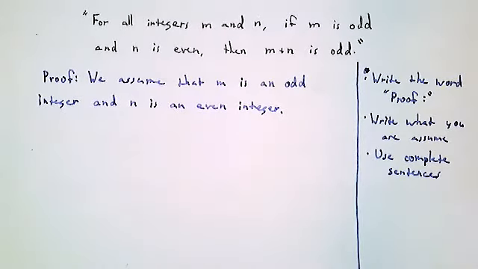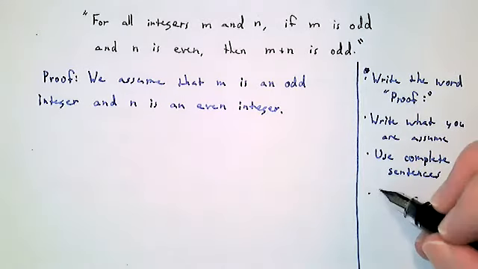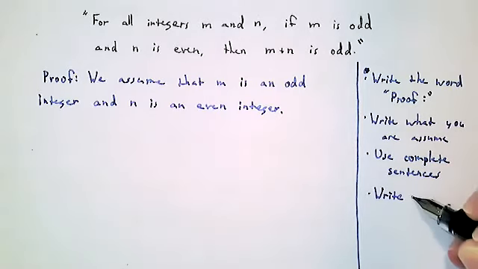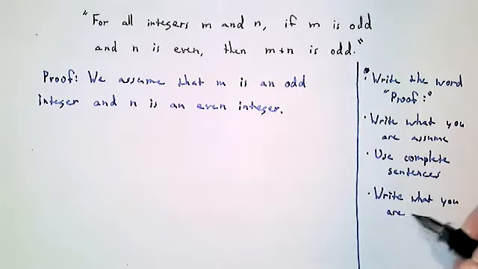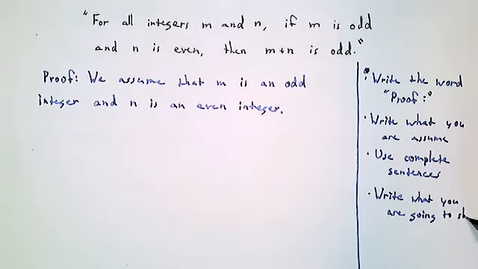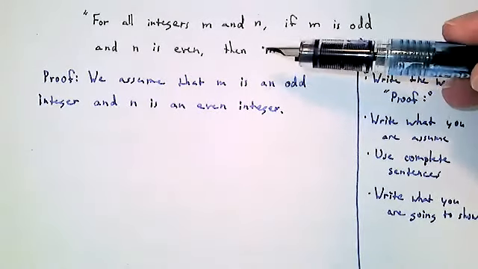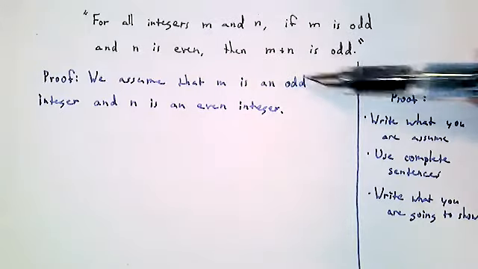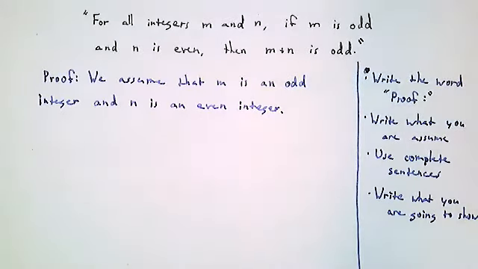Okay, so after you've done this, tell the reader what you're going to do. Write what you are going to actually show. So in this case, we need to show this part of the theorem, that m plus n is going to be odd.